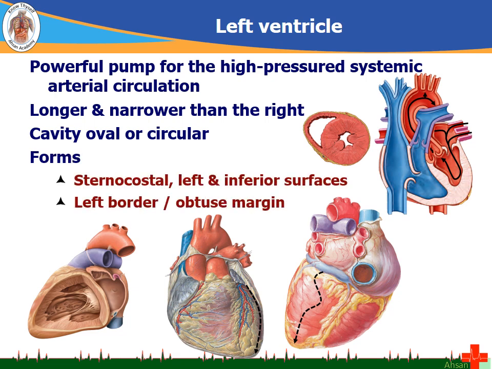You can see in the figure that the left ventricle forms the sternocostal surface, a small part on the left side, and the left and inferior surfaces. The left border or obtuse border is also formed by the left ventricle.